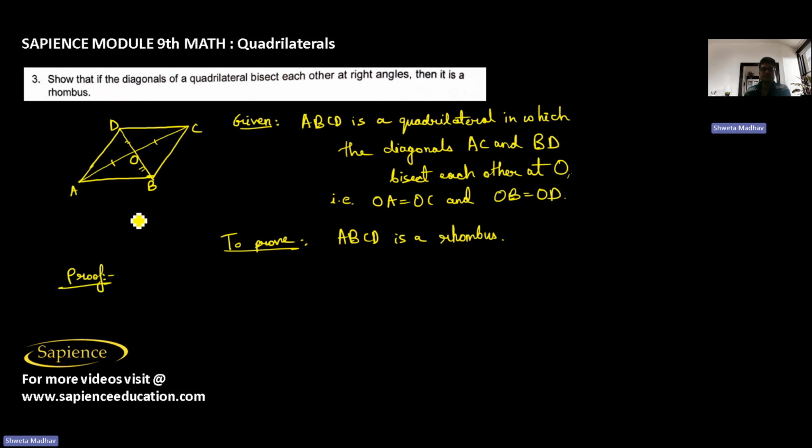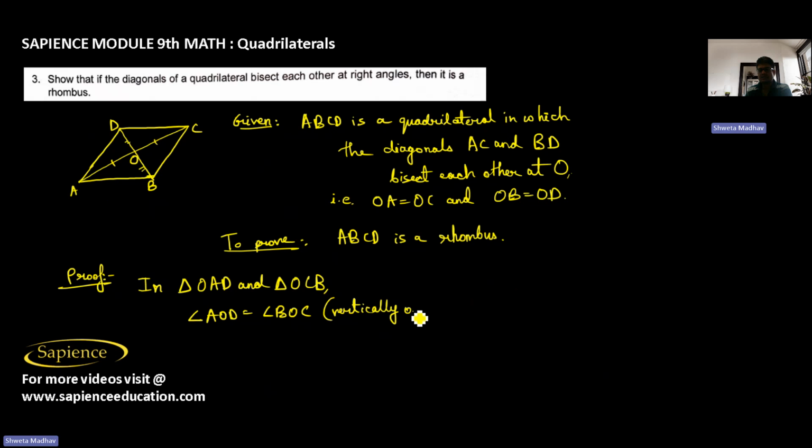So the proof is that in triangle OAD and triangle OCB, angle AOD equals angle BOC, since vertically opposite angles are equal, and OB equals OD and OA equals OC, which is given.